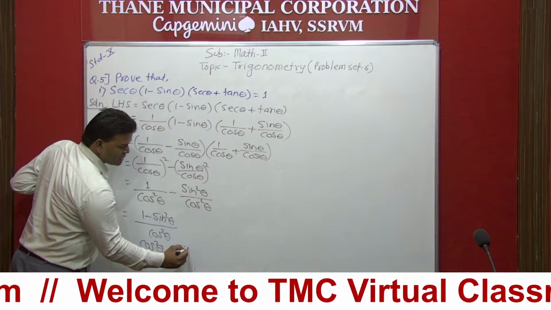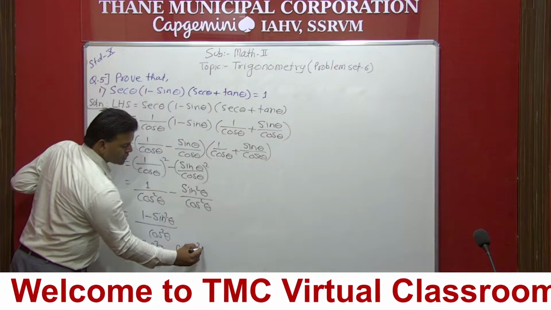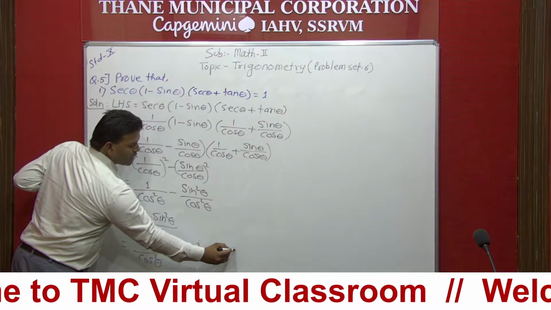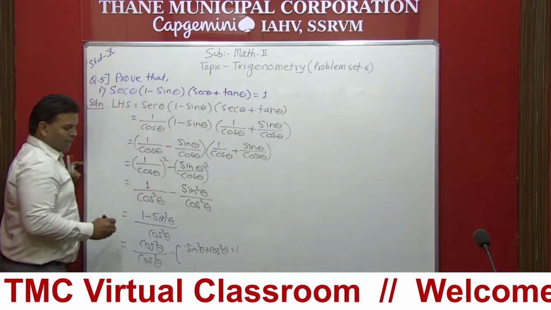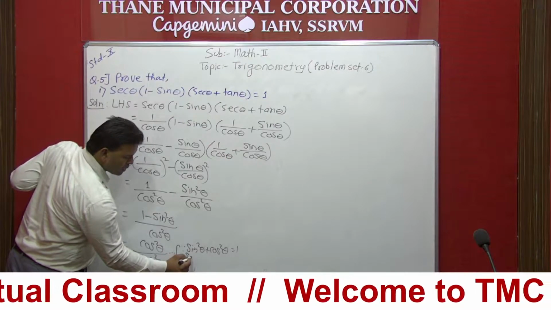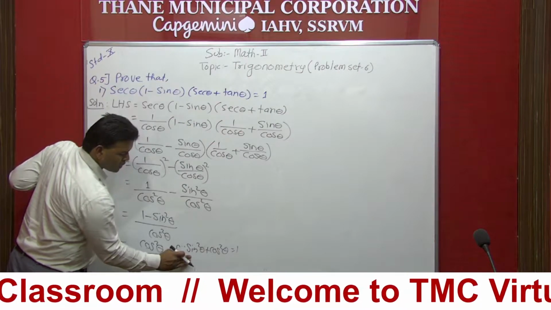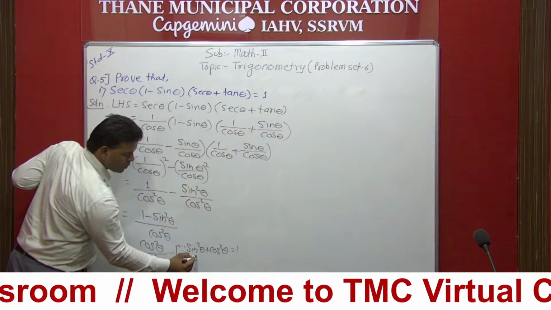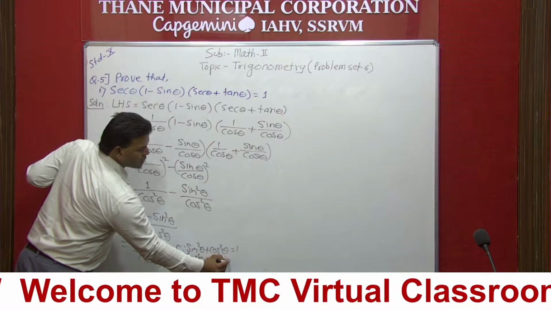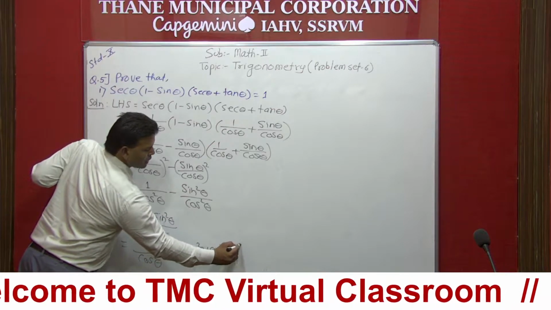The reason is since sine square theta plus cos square theta is equal to 1, what happened here? I will take this one to this side. So in the next step, cos square theta is equal to 1 minus sine square theta.